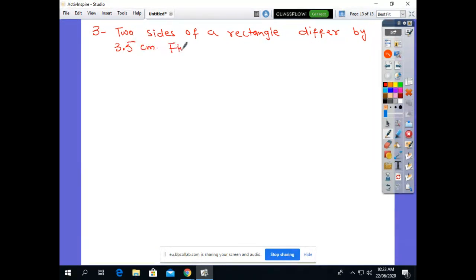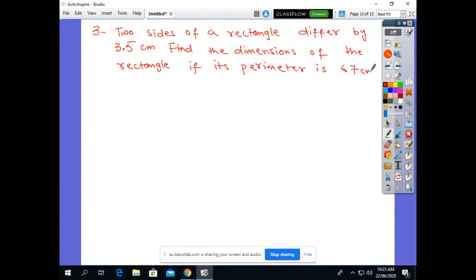Find the dimensions of the rectangle if its perimeter is 67.